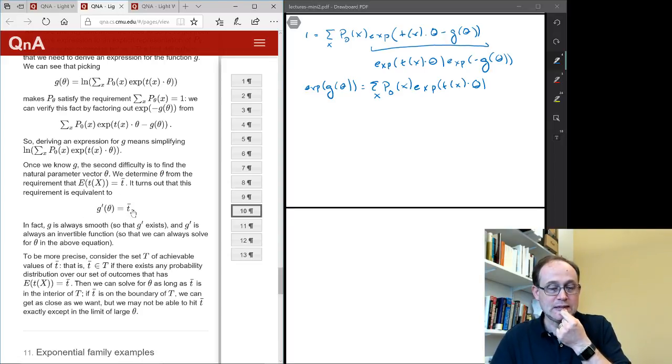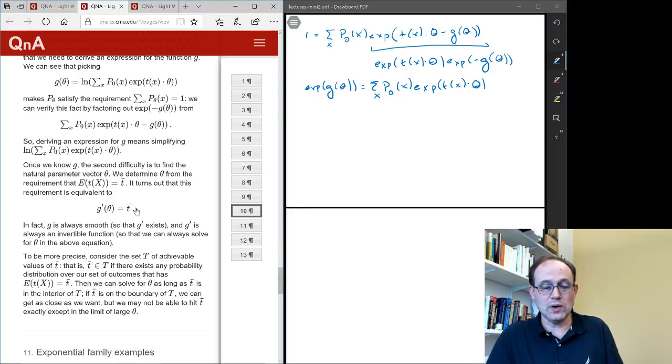And so there's a few different things packed up in that equation. First, g is always smooth so that g prime exists, and g prime is always an invertible function in the sense that for any t bar in the interior of the achievable set of possible moment vectors, there exists a theta which makes g prime of theta equal to t bar.